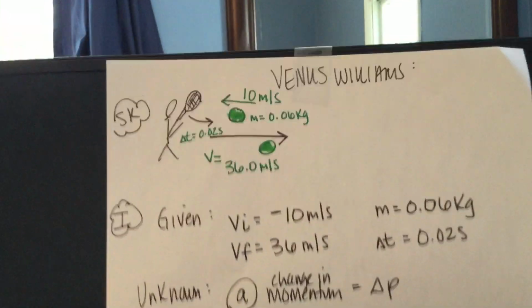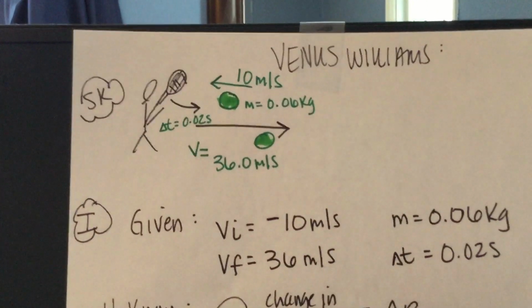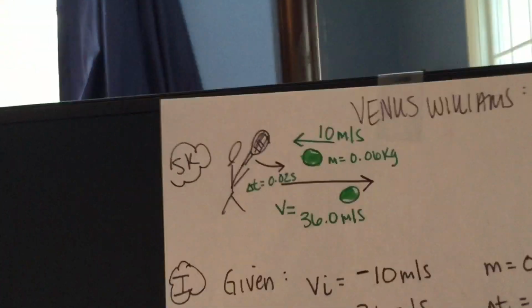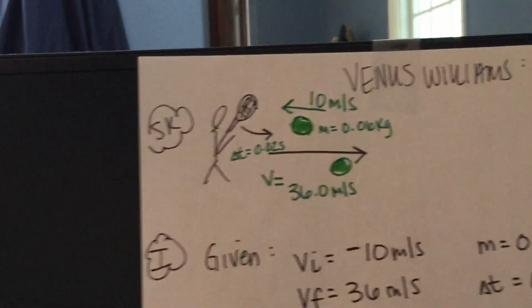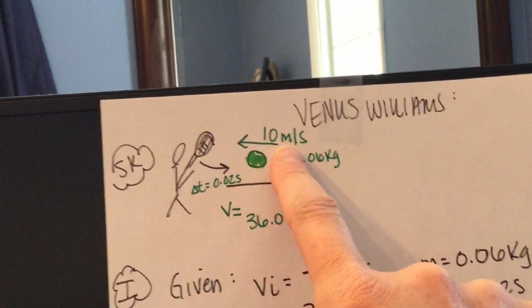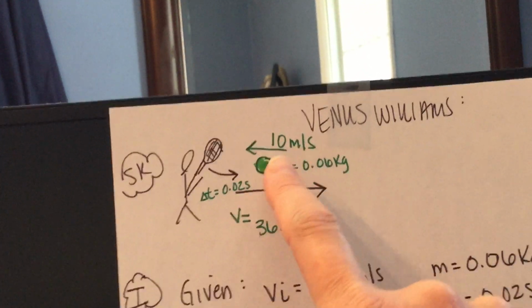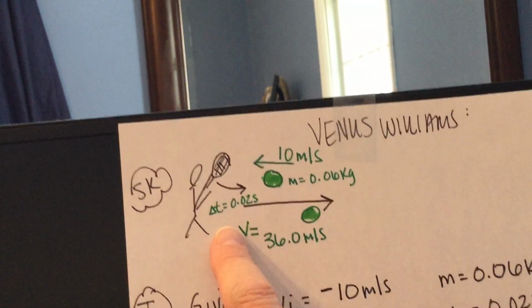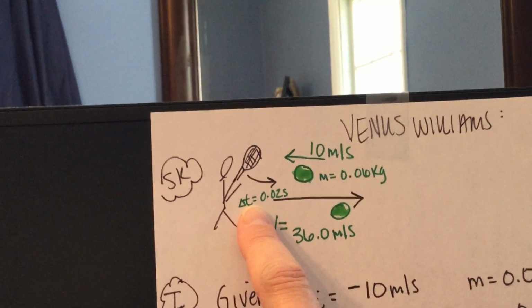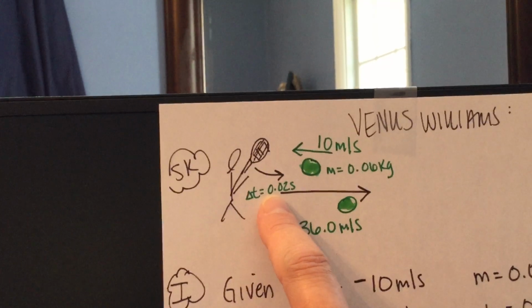So here we go. Here's our sketch, which is important. The sketch is going to show the ball is moving towards Venus. Okay, we have the ball moving towards Venus at 10 meters per second, its velocity. But then she swings the racket, and the elapsed time that the racket touches the ball is 0.02 seconds.